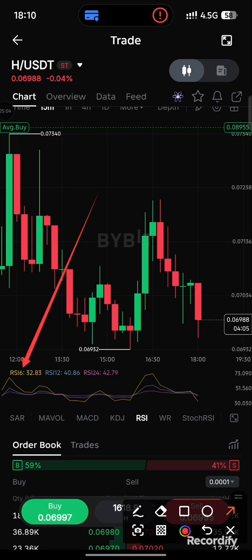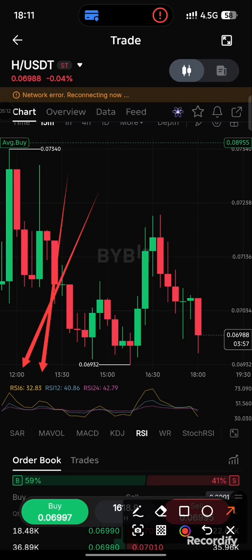You should start watching clearly and preparing to sell. And when it's below 30, it means it's oversold, and at that junction, you can start buying. But first, you must consider its movement.